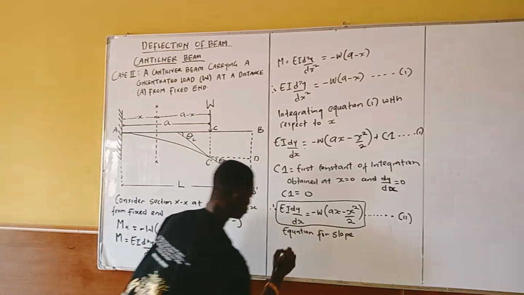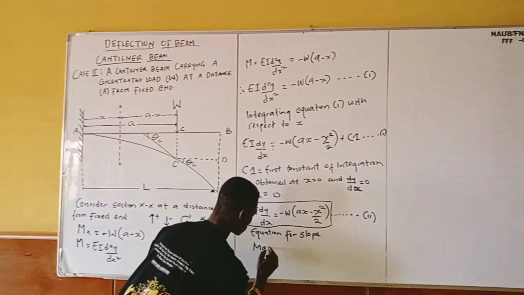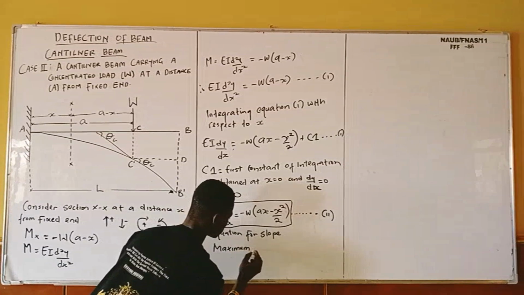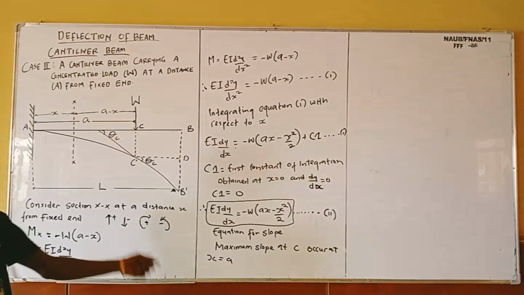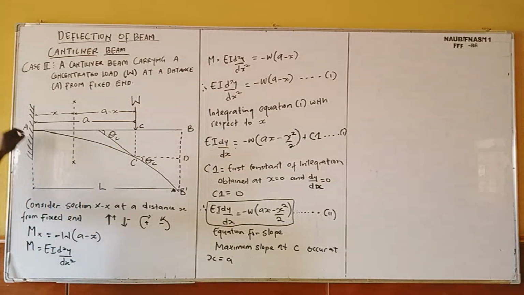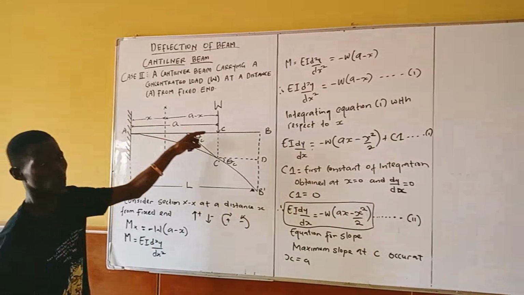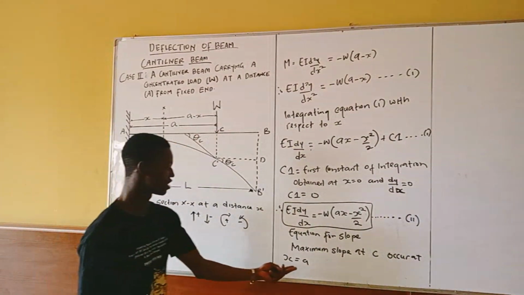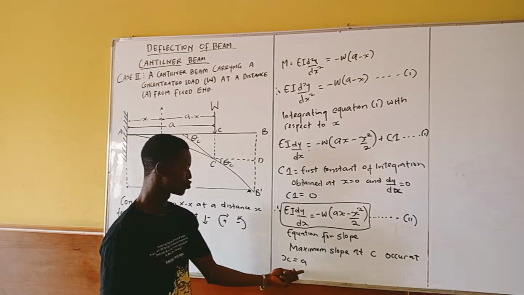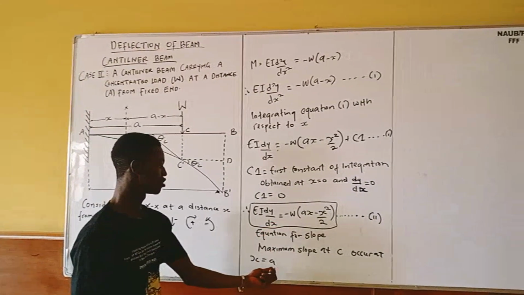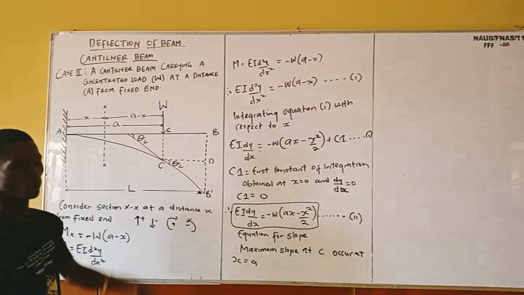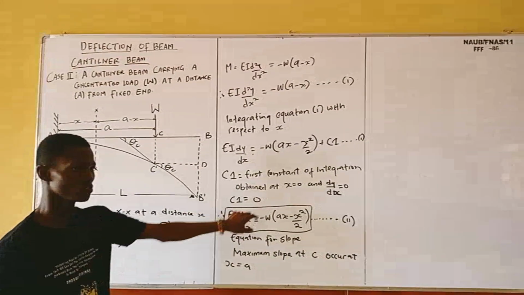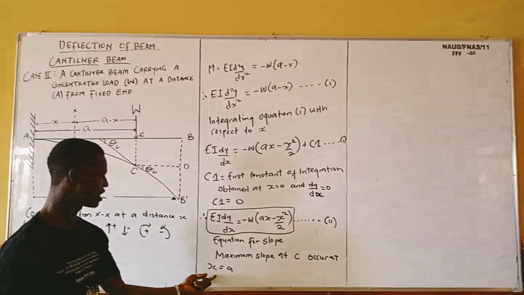So my maximum slope at C occurs when the section x is equal to a. In this case, anywhere I see x, I'm going to substitute a into this equation to have my maximum slope at point C. So into this equation I'm going to substitute x equals a.